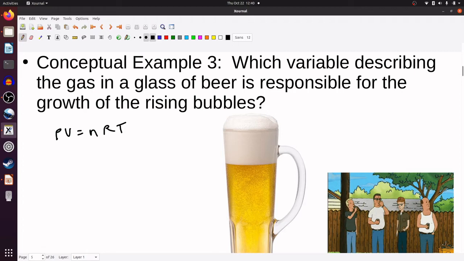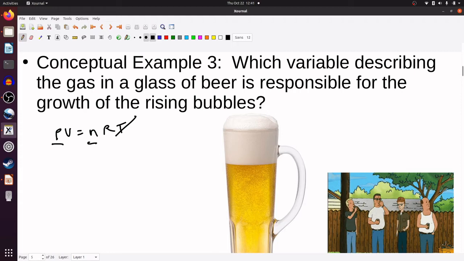Not volume. The volume's not changing, not appreciably. And then the temperature is not changing, because the glass of the beer we assume to be uniform. So that brings it down to either the pressure is causing the bubbles to get bigger or the number of moles is causing the bubbles to get bigger.